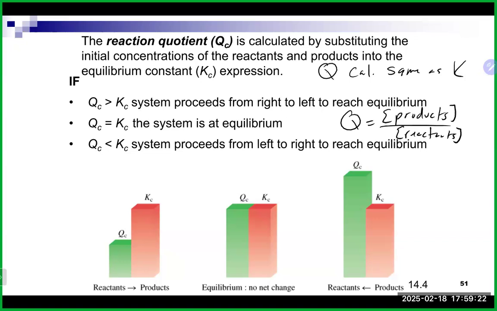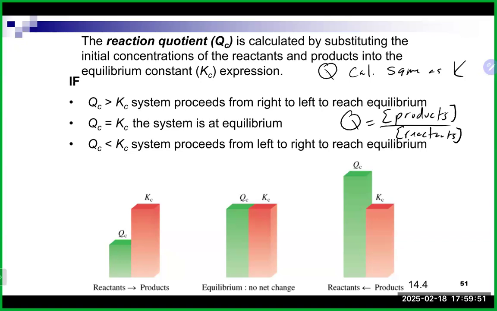The second thing Q will tell you is, if you are not at equilibrium, which way you need to go to reach equilibrium. Do you need to make more products, or more reactants? If you calculate Q and it is greater than the K value, then the system is not at equilibrium, and in order to reach equilibrium, you need to make more reactants.